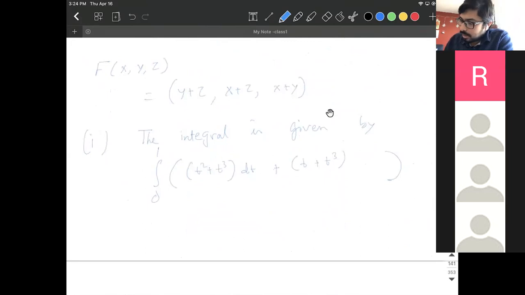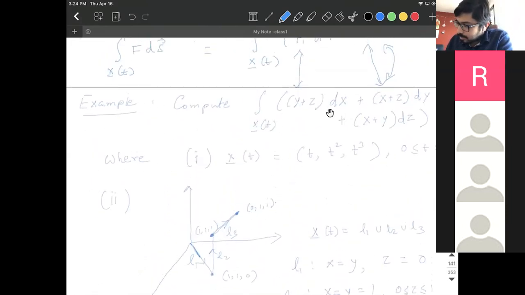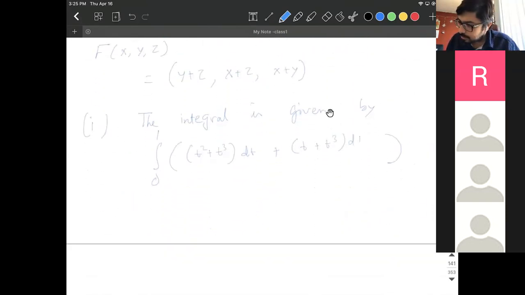Once again, here you have to be careful. Here you have t square, right? So you are really computing everything on xt. So then you have to compute d of t square, which is 2t dt. Then finally, x plus y. So this is t plus t square.